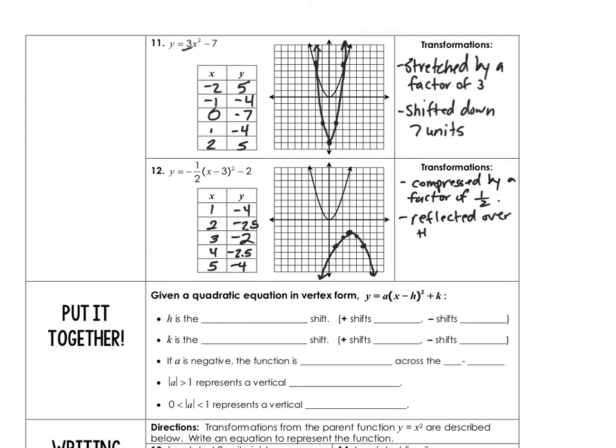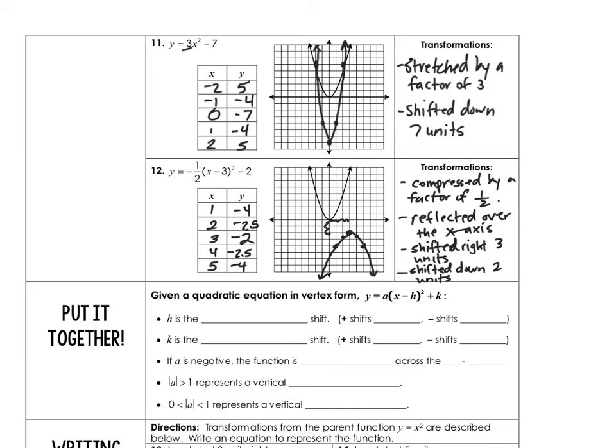The vertex was shifted to the right, 1, 2, 3, so shifted right 3 units. And then the graph was shifted down 1, 2 units. Shifted down 2 units.